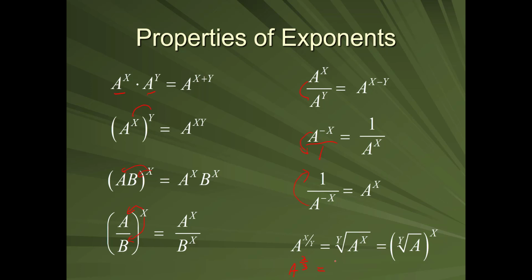It becomes the cube root of a squared. You can also move the power outside, so it becomes the cube root of a, to the second power. That's what this rule is about. And that's actually how we convert an exponent into radicals. It's quite useful in a lot of algebra operations.